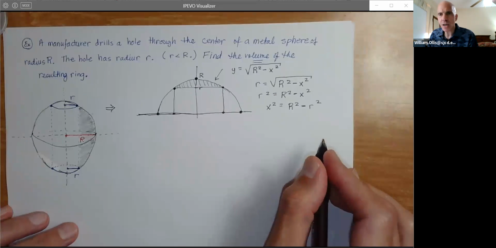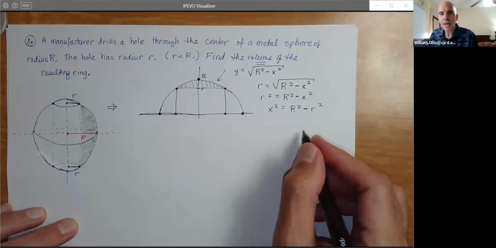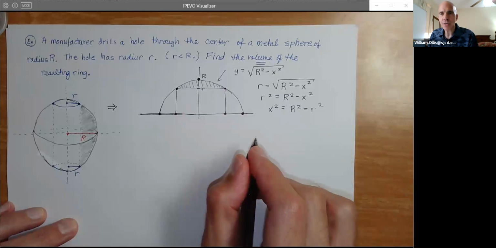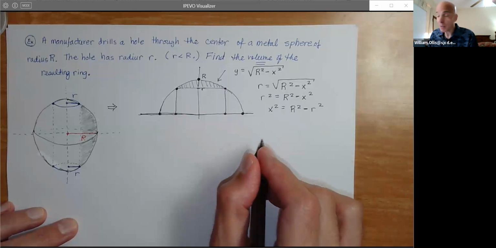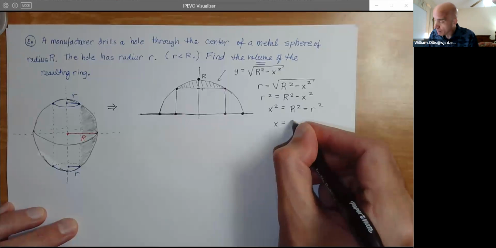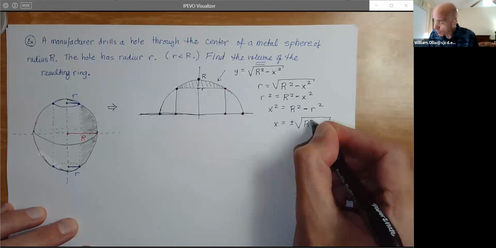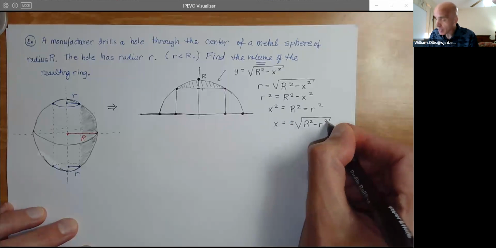You know, good old college algebra. It's probably one of the most difficult theorems for students to remember, but it is unique to real numbers. The real numbers are odd, but odd in a way that we can remember. So now X equals plus or minus the square root of uppercase R squared minus lowercase r squared.